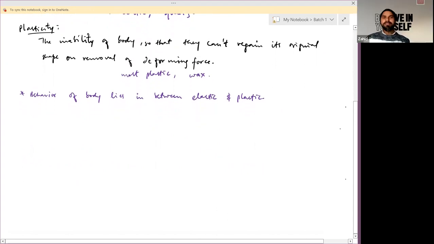Now, related to this deforming force, we may define some terms. First is stress. Suppose you have a rigid body attached to any vertical support.